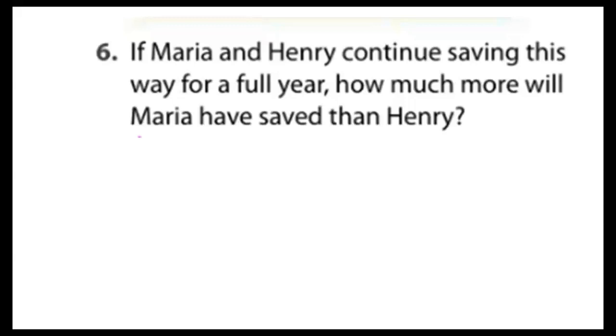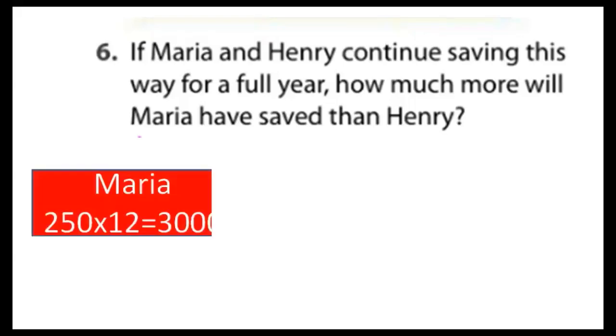We said from the first that we can use multiplication. Maria saved 250 multiplied by the 12 months in the year, so by the end of the year she will have $3,000.